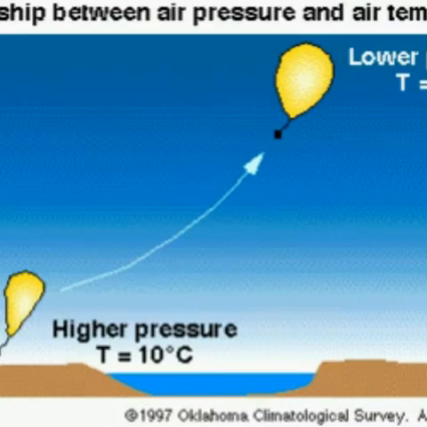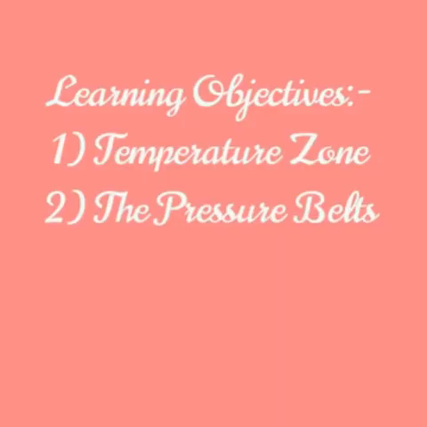We also saw a simple experiment of a lantern. And in the concluding part, we studied that the temperature and air pressure are closely related with each other. That is, when the temperature is high, the air pressure is low. So today we shall study the temperature zone and the pressure belts.